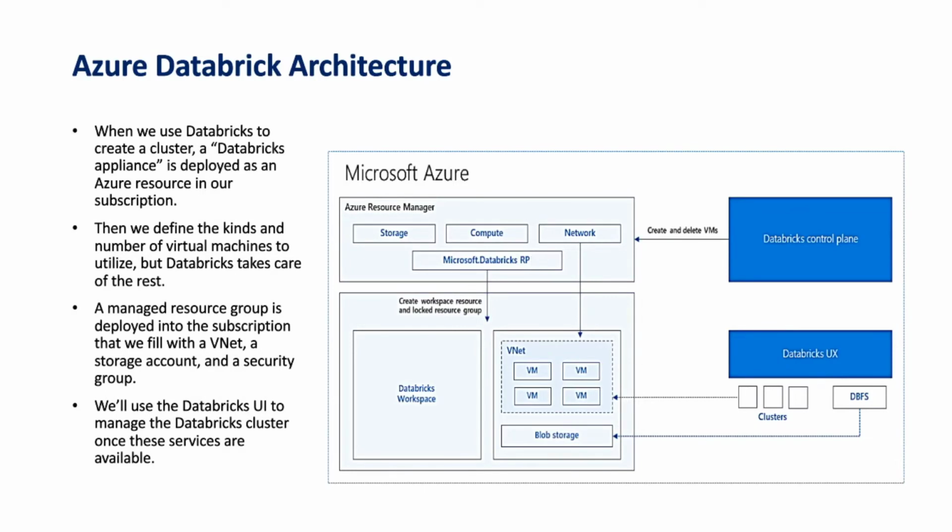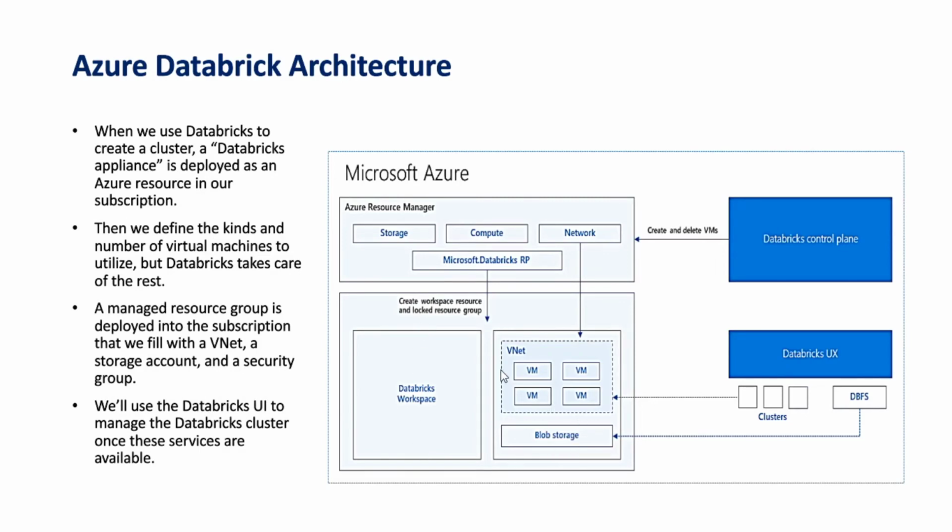If you want to integrate it with your own virtual network, you can do that, or else Microsoft Azure will create a resource group for you if you do not select your own virtual network. Next, we have the Databricks Workspace, blob storage, VNet, and VMs, however many workers we need to run the job. All of those things you can configure here.